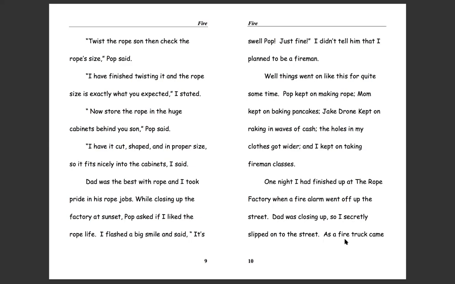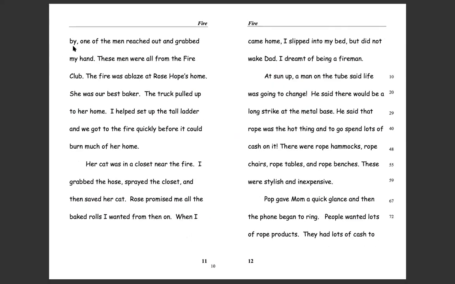As a fire truck came by, one of the men reached out and grabbed my hand. These men were all from the fire club. The fire was ablaze.